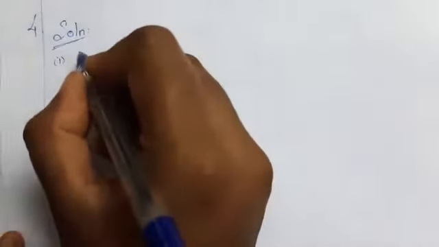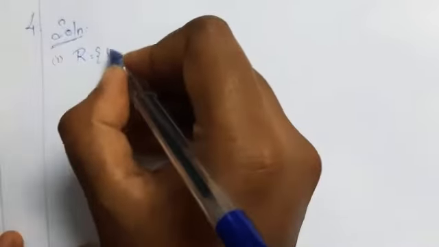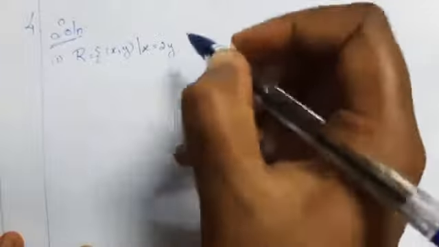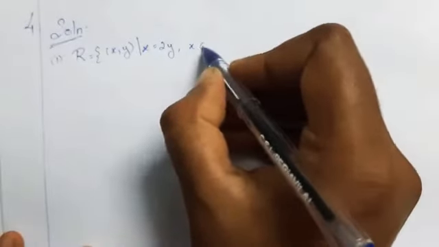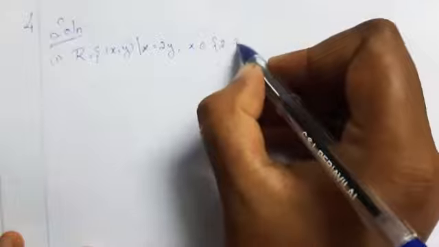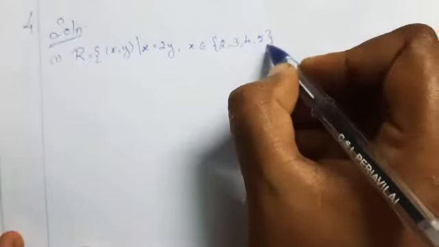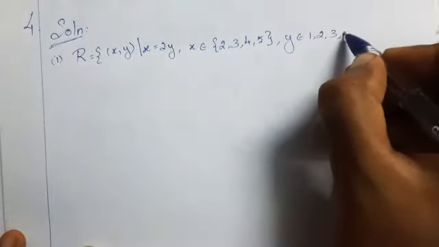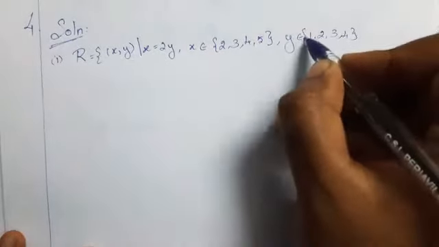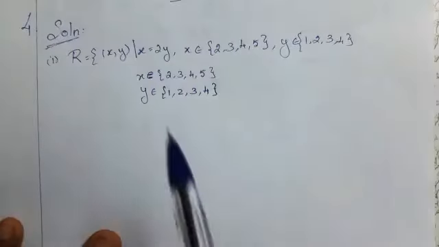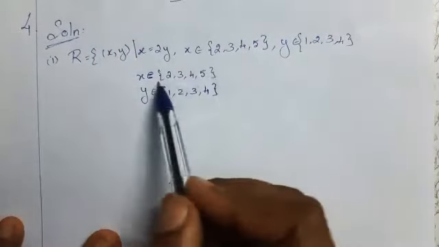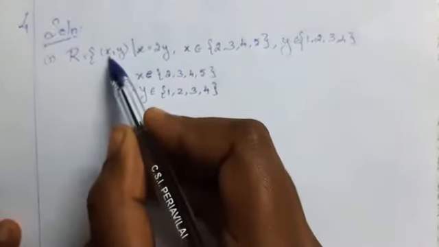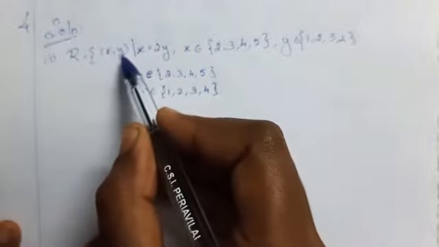First question, relation capital R is equal to (x, y), x is equal to 2y, x belongs to {2, 3, 4, 5}, y belongs to {1, 2, 3, 4}. Ordered pair (x, y): first write the x element, then write the y element.